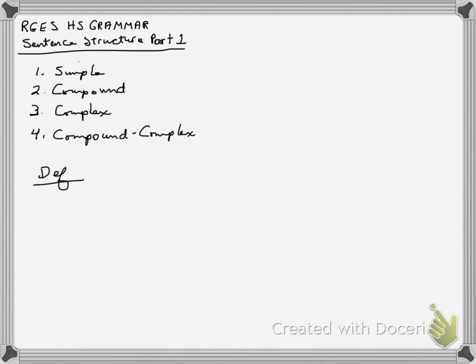A simple sentence, the first one up here, is defined as a group of words that expresses a complete thought that has one subject and one verb. A more formal definition: a simple sentence has one main clause. A main clause contains a subject and a predicate and can stand alone as a sentence.